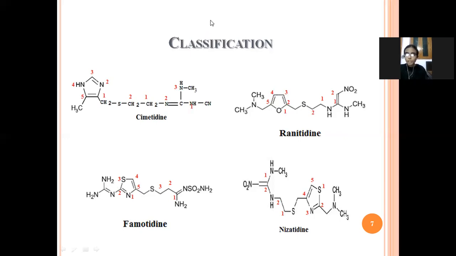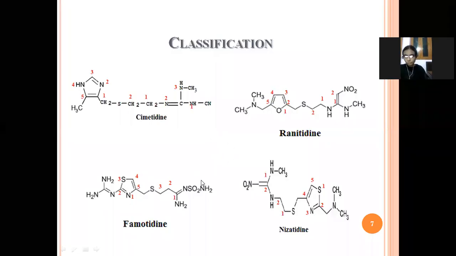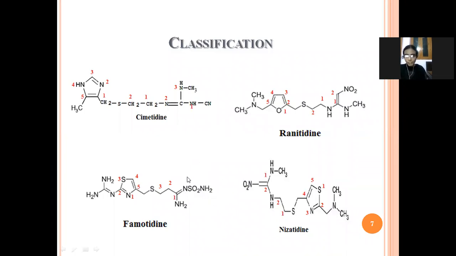Here 1 methyl, and 1 nitrogen attached, and here 1 methyl and sulfur, and here 1, 2, 3, 3 carbon atoms means propane, amino, so this is the imidamide.